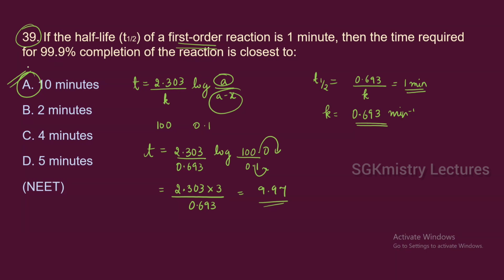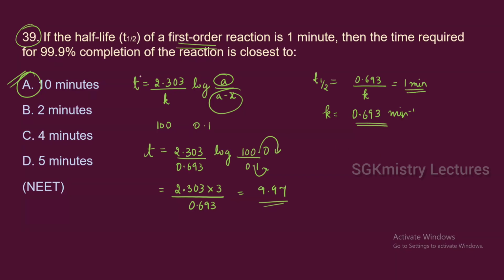Now, without doing the calculations also, you can easily remember the formula. I have explained this in the chapter of chemical kinetics, where I told you that whenever you're comparing the half-life with 99.9% completion of the reaction, keep in mind that this time is 10 times the half-life.